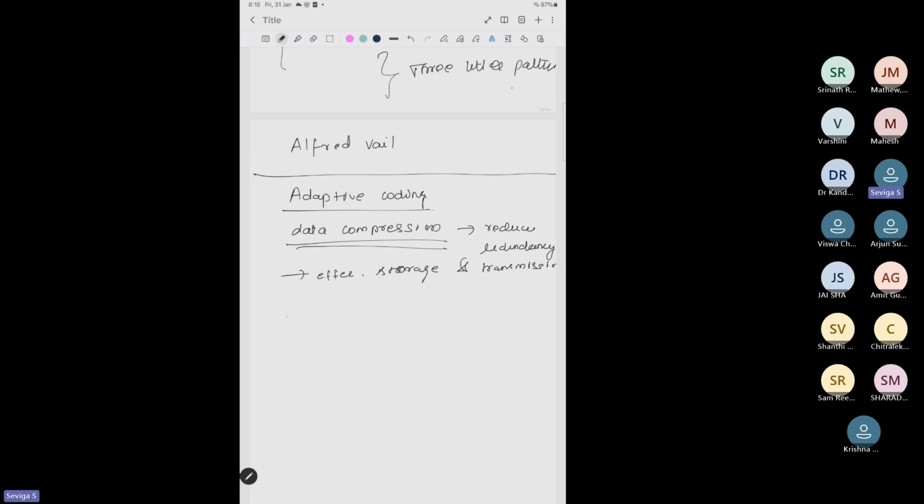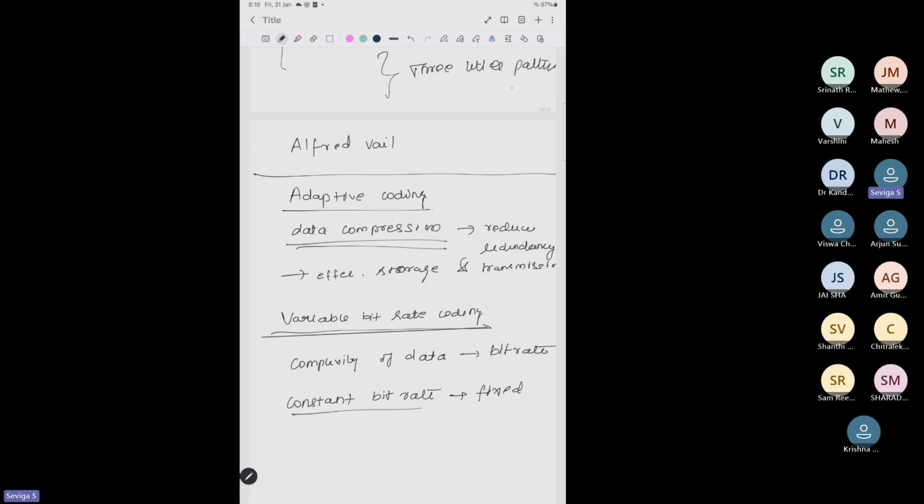There is another type of coding called variable bitrate coding. Variable bitrate coding means, based on the complexity of the data, we will vary the bitrate. There is also another coding called constant bitrate coding, where we will use a fixed number of codes for everything.